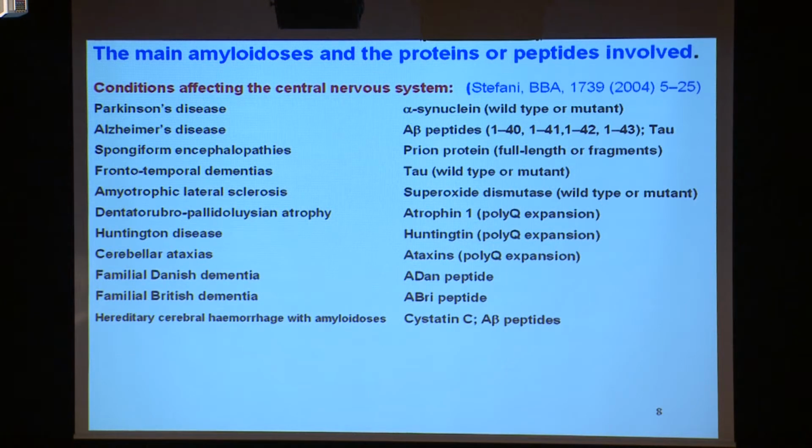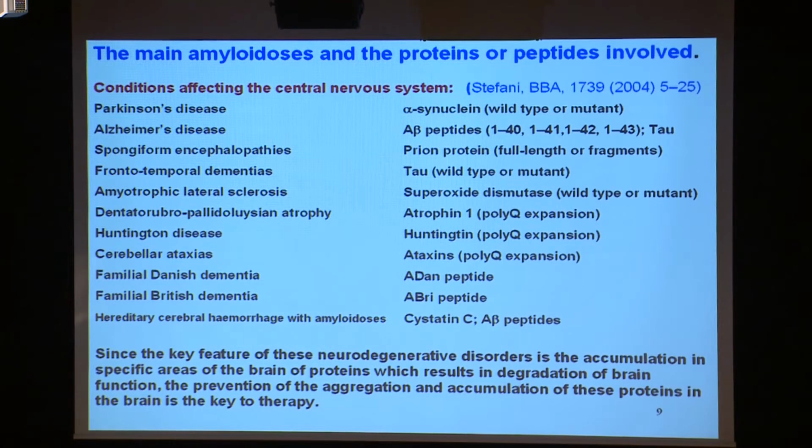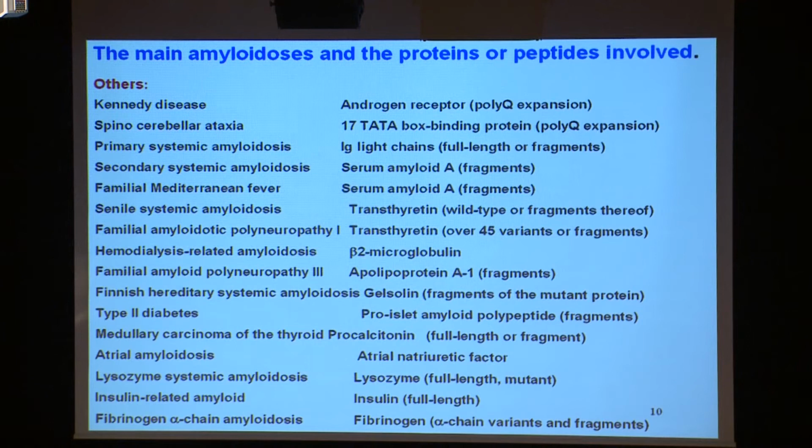But it's not only brain proteins which can misfold. In many other proteins, in many other conditions, outside. So, just to finish this one, the key feature of many of these diseases is the accumulation of these proteins in specific areas of the brain, which results in degradation of brain function. Many other proteins in other parts of the body can also misfold.